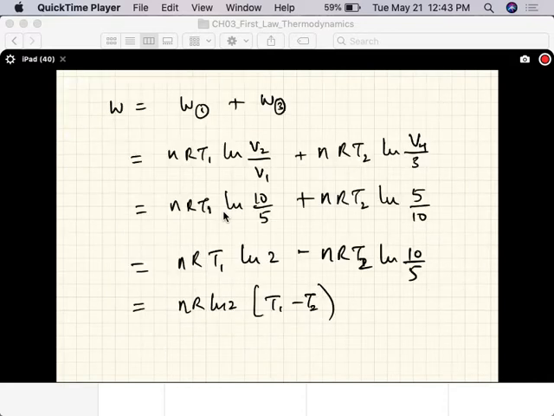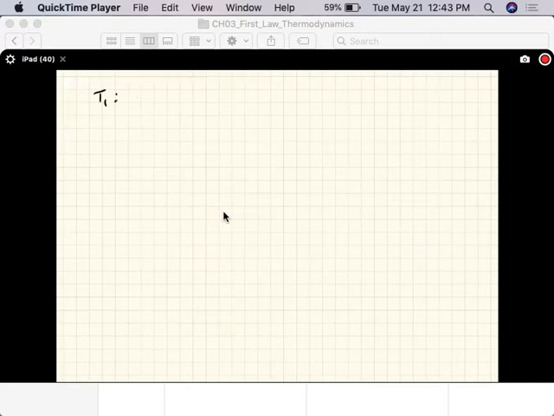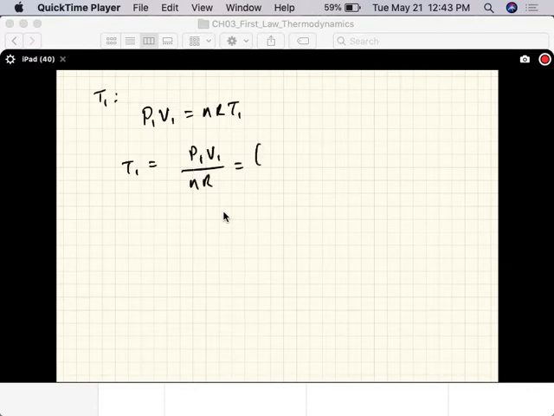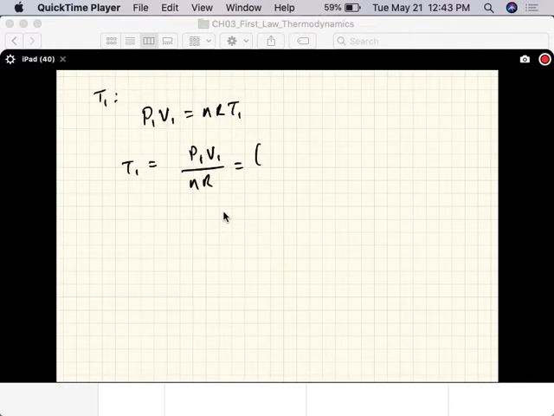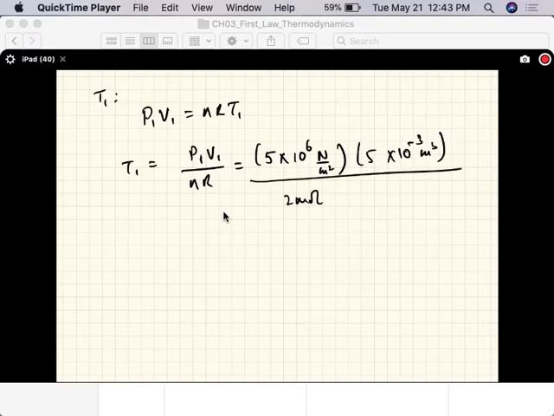To calculate T1, we know P1 V1 equals nRT1. So T1 is P1 V1 over nR. P1 is 5 megapascals, V1 is 5 liters, n is 2 moles.